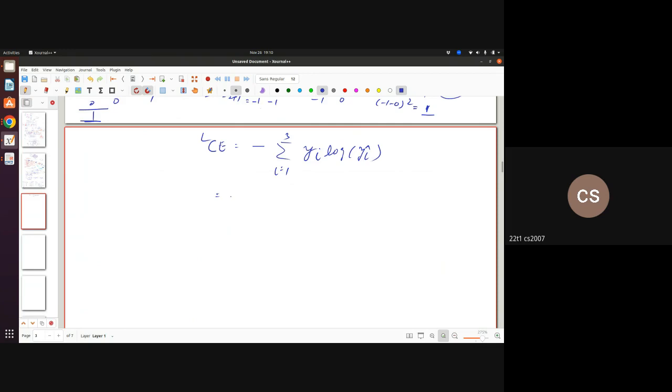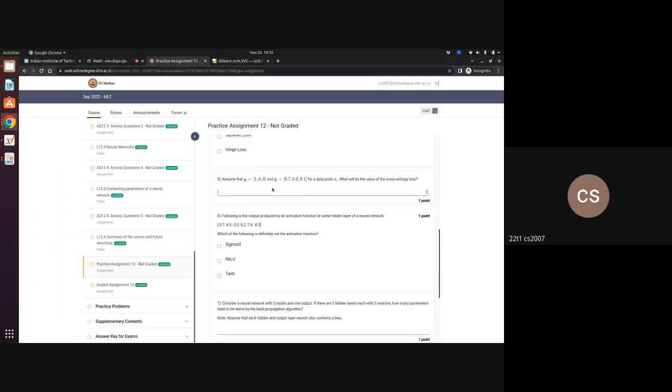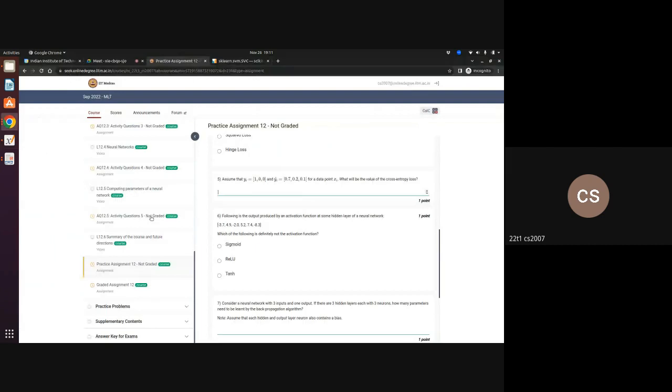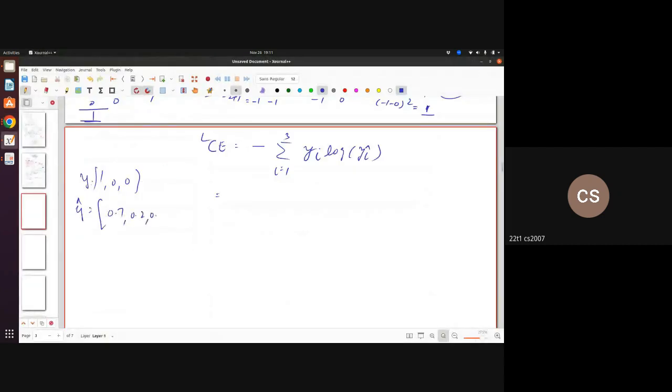This is the formula that we'll be using. So minus, so 1, 0, 0 is our y, and what is our y hat? 0.7, 0.2, 0.1, right? This is what is given. So just the same way, minus y log y hat, minus y log y hat, minus y log y hat.